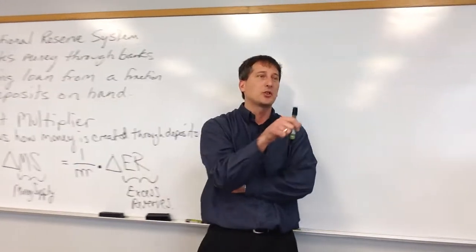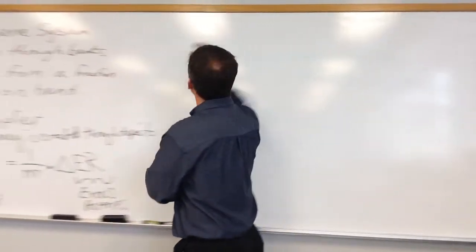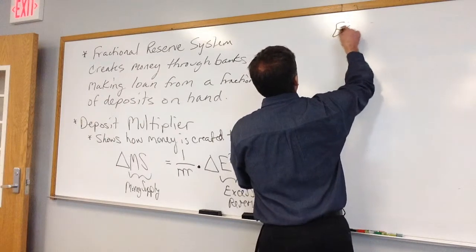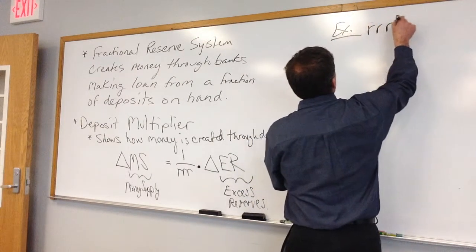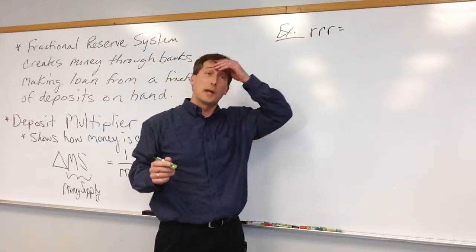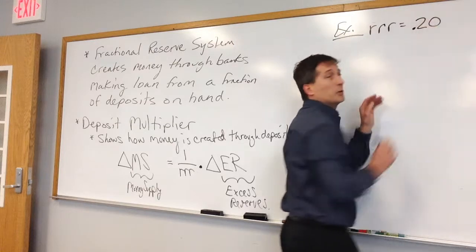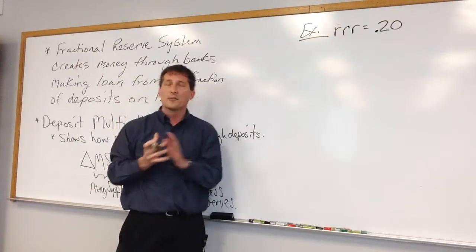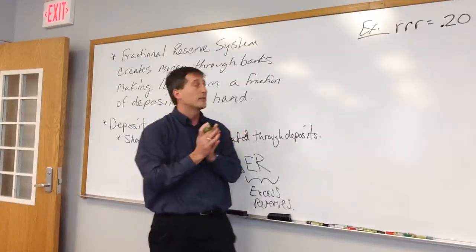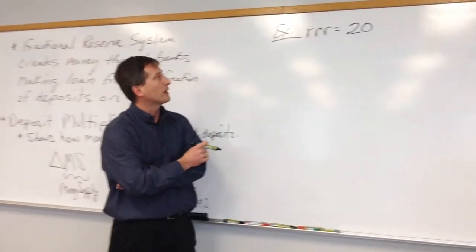In our example with the shoebox, what was it? I gave it to you, I believe. It was 20%, right. So when we think of it as a ratio, it's just 0.2 rather than the percent. But it's okay to verbalize it that way, that the Federal Reserve's rules are that banks have to hold back 20%.